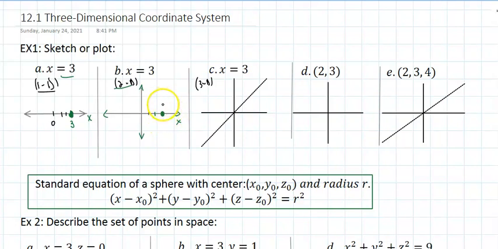Y could also be 1, y could also be 2, y could be 3, y could be -1, -2. If I want to trace all of these points, that's where the vertical line comes from. Now, I know that you know x equals 3 is a vertical line. You need to grasp the concept behind it so 3D comes in naturally or easier to grasp.